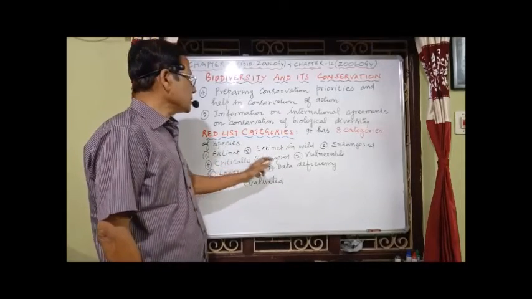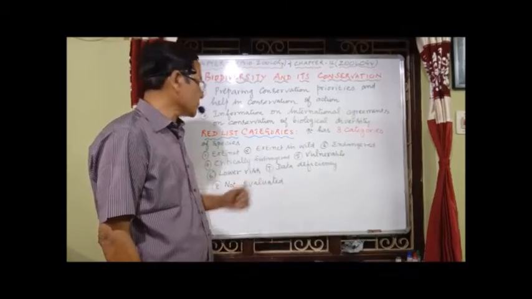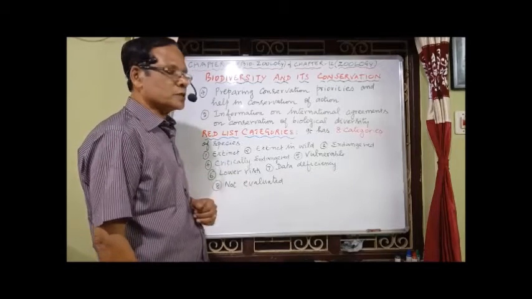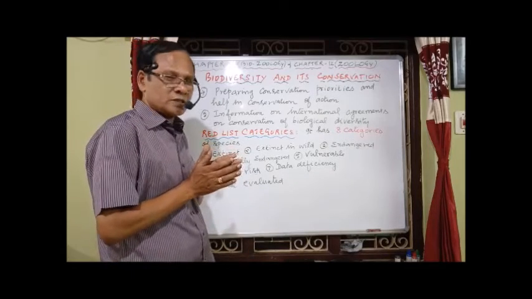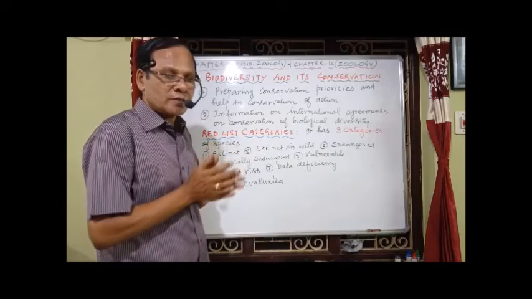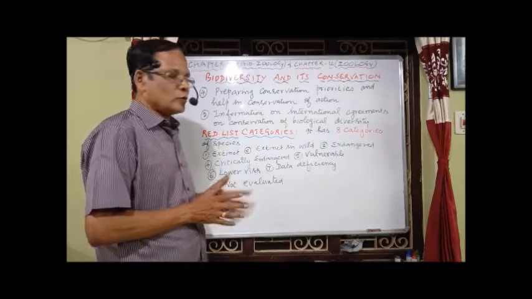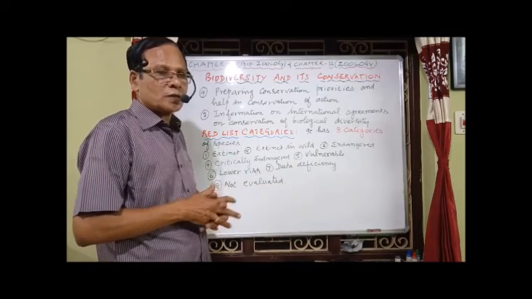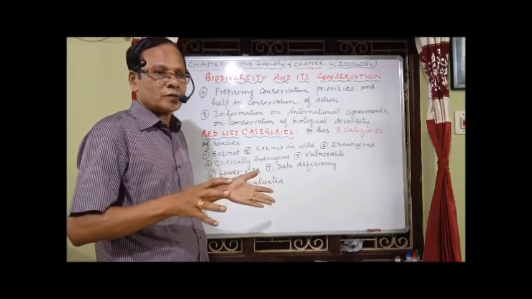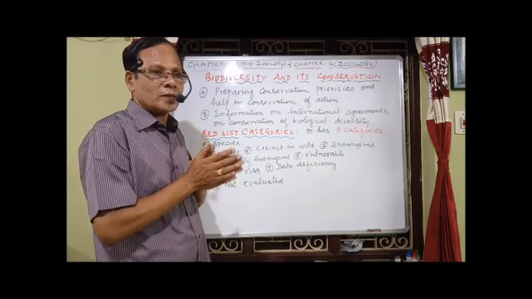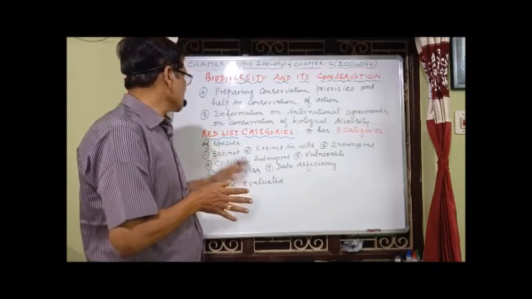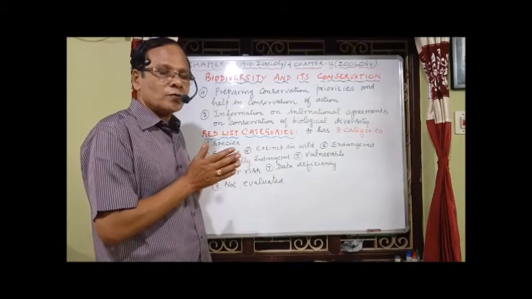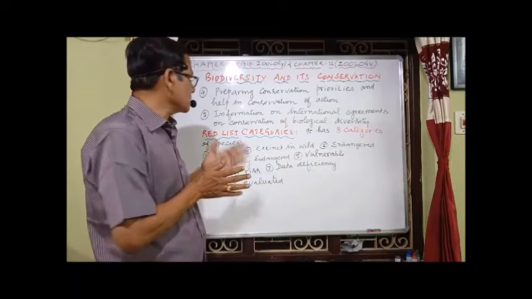Then critically endangered species, vulnerable species, lower risk species, data deficient, where no proper data is available. Then not evaluated, still under observation, not evaluated as to which species is under extinction. So these are the 8 categories found in the Red Data Book or Red List.